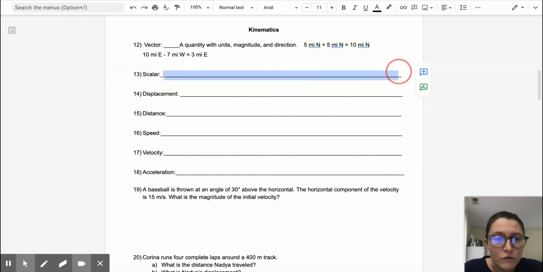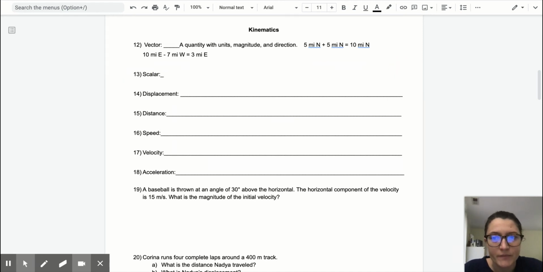A scalar quantity, for example, speed, is a quantity in which direction does not affect our mathematical process. So basically, it's a quantity with units and a magnitude only. There is no direction.